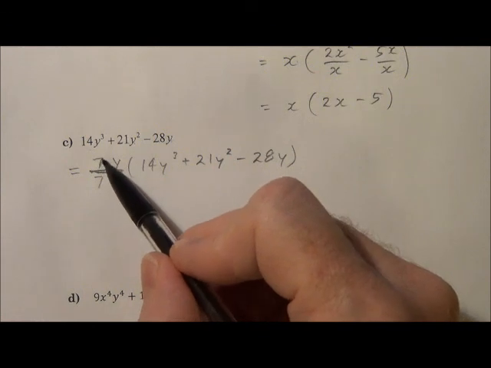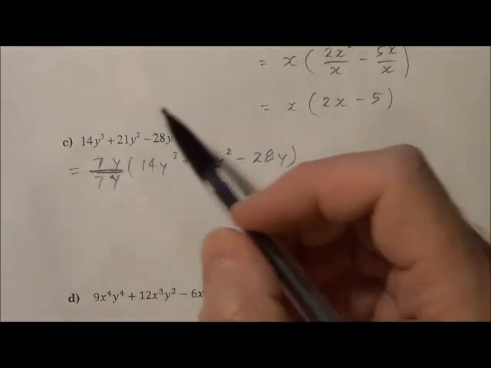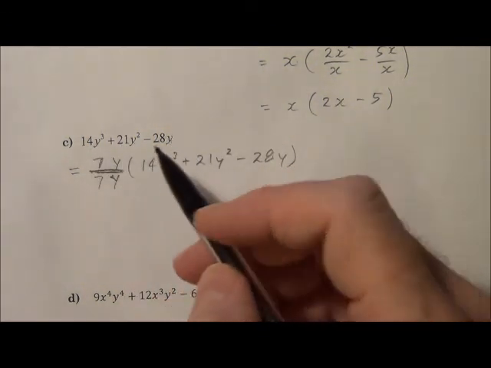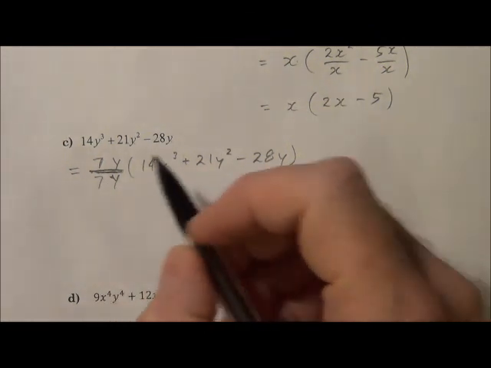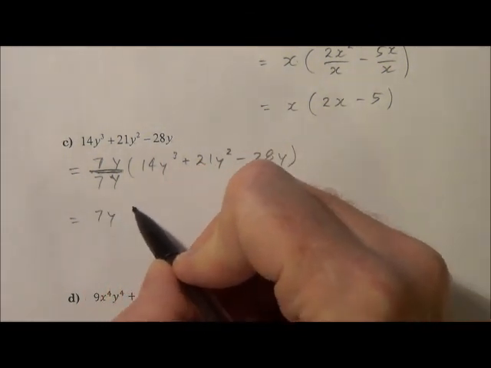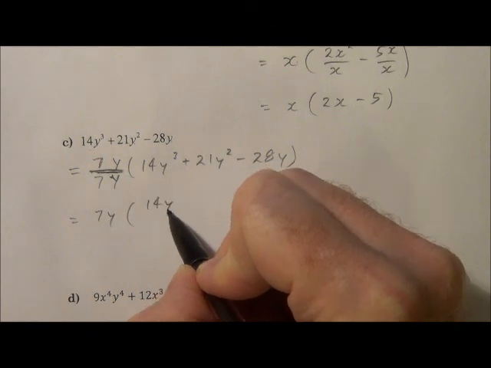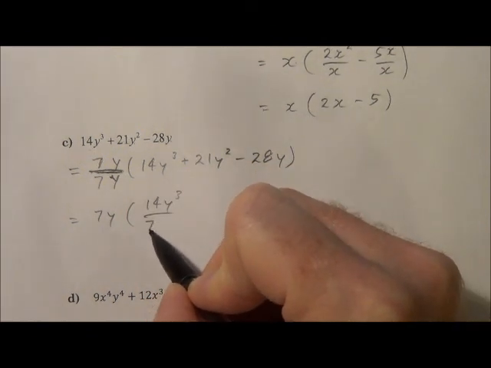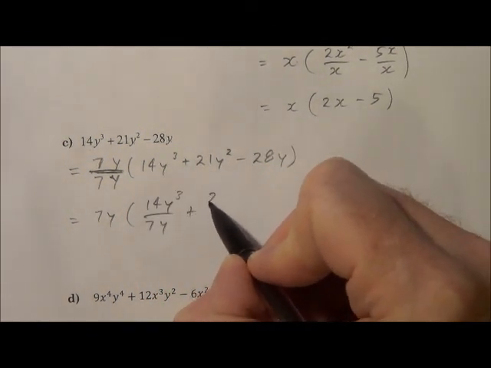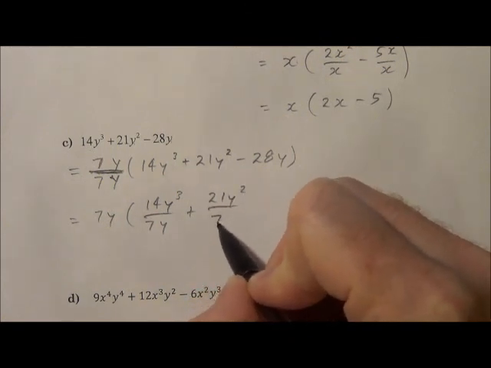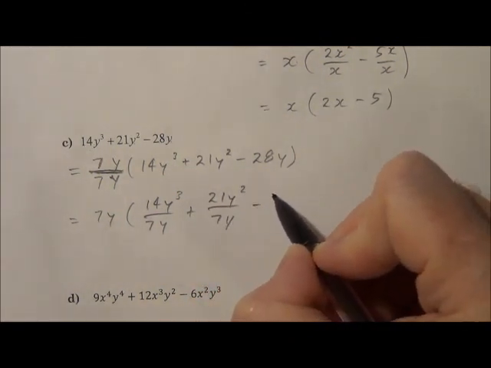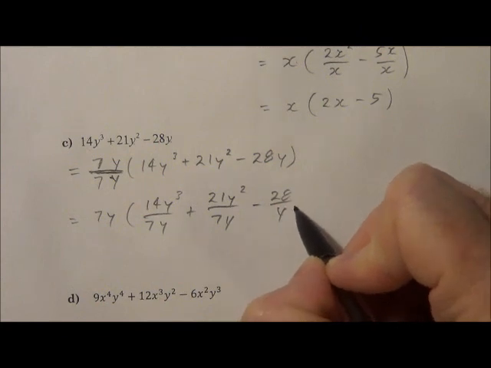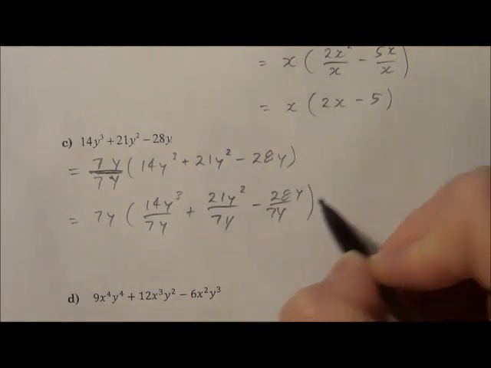So I'm going to multiply this expression by 1, sending in the denominator, so I'm going to get 7y, quantity 14y cubed over 7y, plus 21y squared divided by 7y, minus 28y divided by 7y.